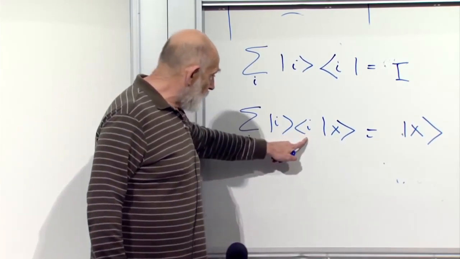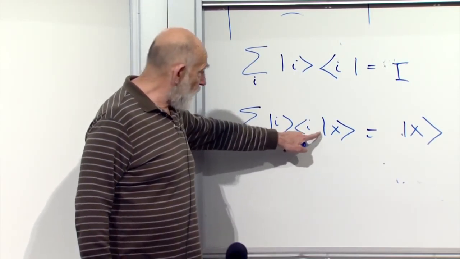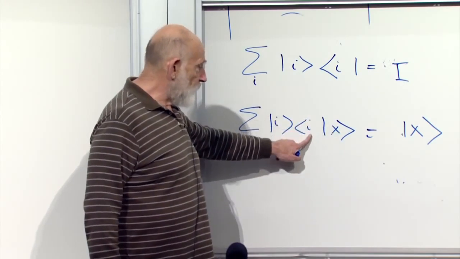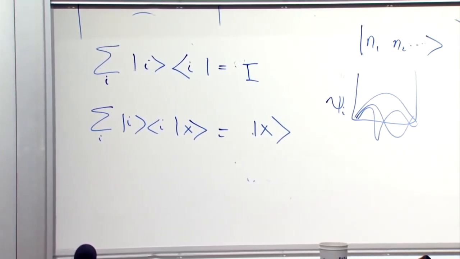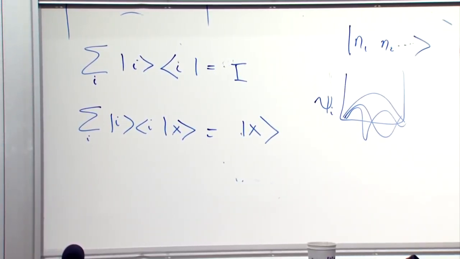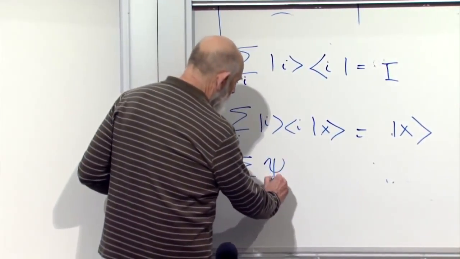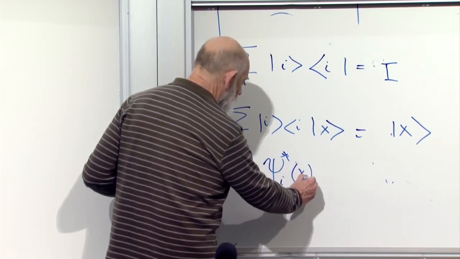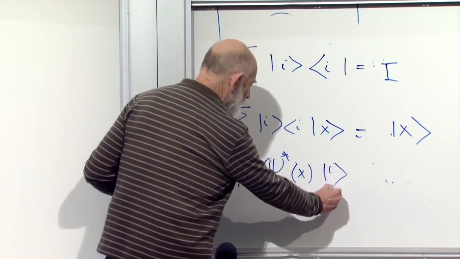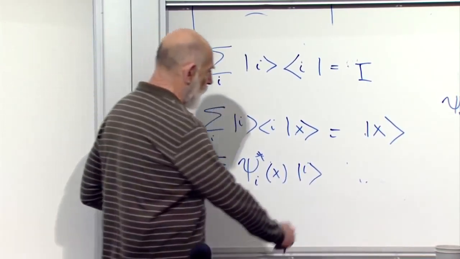It's the wave function of the state I. The inner product of a particle at x with the state vector I is just, is it psi or is it psi star? Anybody know? I know. Happens to be psi star. So this can also be written as the sum over I of psi star I of x times the state I. That's a particle located at point x.